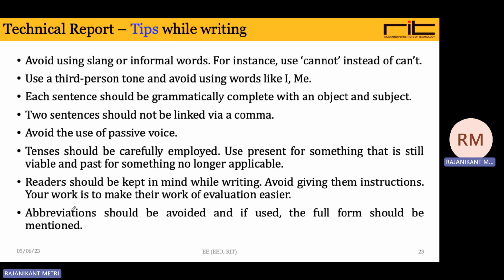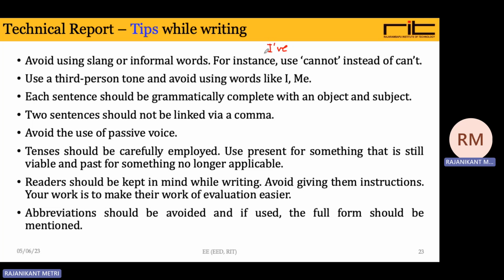Some technical tips while writing technical reports. One, avoid using slang or informal words. So don't use words like can't or I have. Second, use a third person tone and avoid using words like I, me, we.